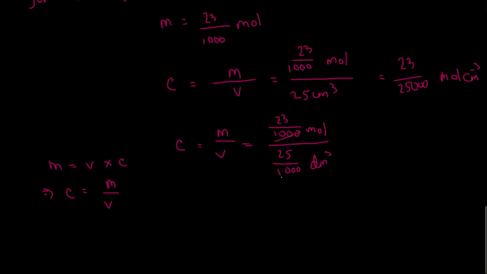The thousands are going to cancel out. This is basic math. So you have 23 over 25 moles per dm cube. So now you know the concentration of the sodium hydroxide. That's your final answer.